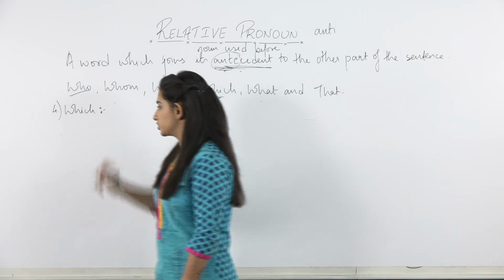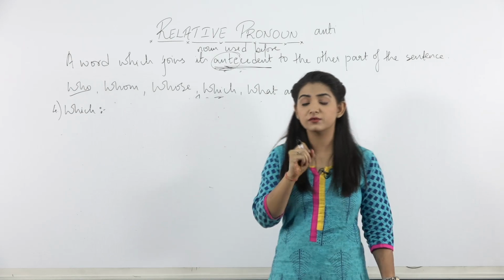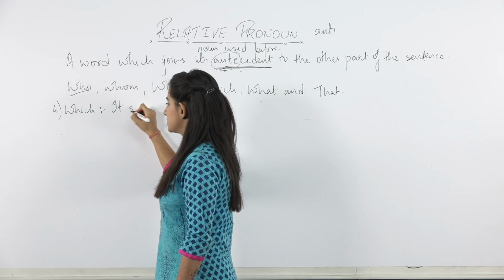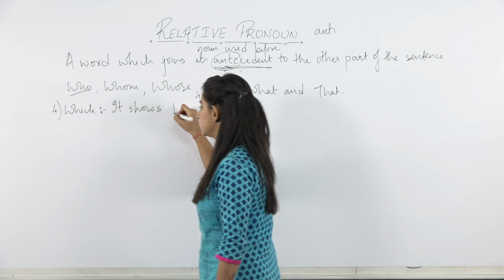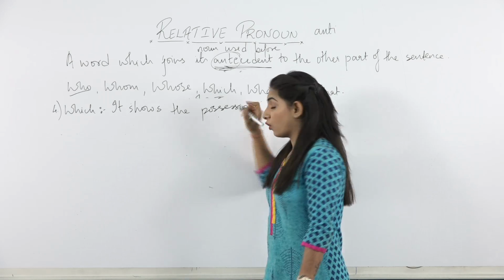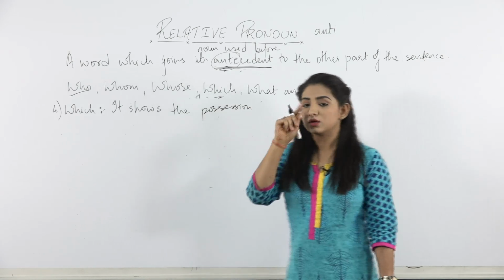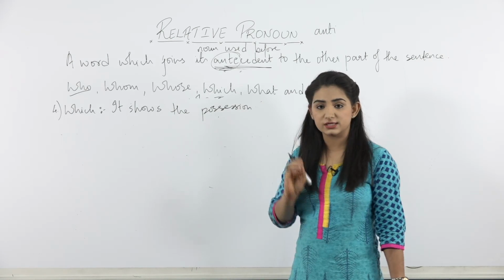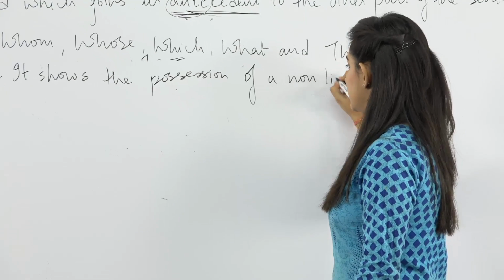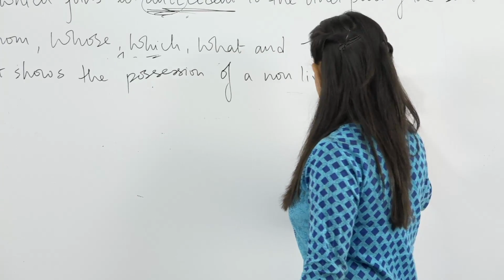ठीक है, तो फोर्थ इज विच. फोर्थ टाइप ऑफ रिलेटिव प्रोनाउन, फोर्थ काइंड ऑफ रिलेटिव प्रोनाउन इज विच. ये कहाँ यूज होगा? इट शोज द पोजेशन. It also works as a possession holder in a sentence, but of a non-living being.